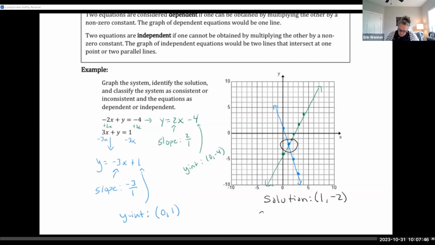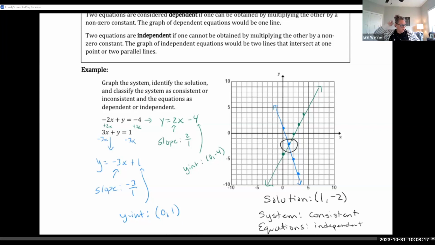We can say that the system is consistent because there is a solution, but that the equations are independent. Okay. And again, the reason we know they're independent is because one is not a multiple of the other. And when I graph them, I don't get a single line as my solution.